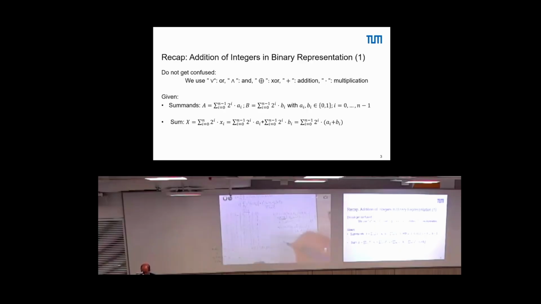Then we have an OR gate, and what we OR is effectively AI and BI and AI XOR BI and CI minus 1, right? And this gives CI, right? So this here is a circuit representing that equation.